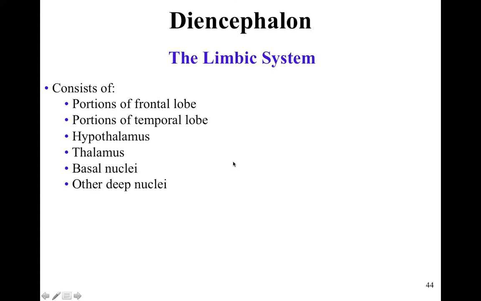And so we went over the limbic system. There's so many other things though you can look at within the diencephalon, and I encourage you to do that. Like, actually go and see what the basal nuclei are, or the basal ganglia. Even within those, there's the caudate nuclei and other stuff.